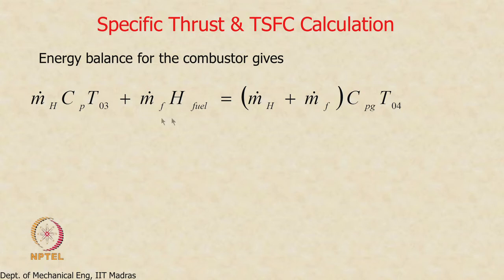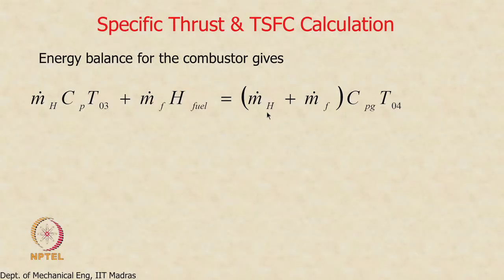Remember, T03 we have already calculated from the given overall pressure ratio for the combustor, and T04 is prescribed as the maximum allowable temperature in the cycle. So, the turbine entry temperature is given to us. Usually mf dot is negligible when we add it to mh dot.